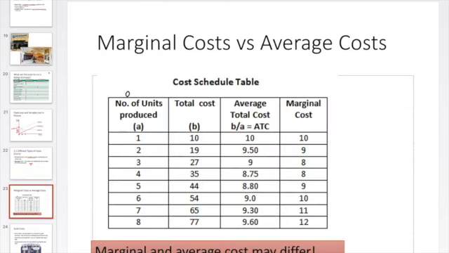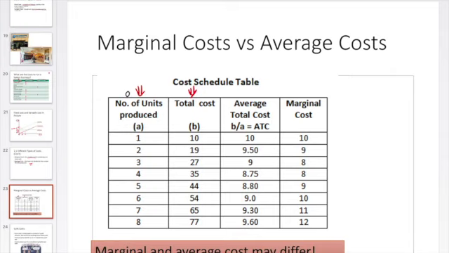So in the table, you have the number of units produced. Well, in your company, you produce maybe 1 item, 2 items, 3 items, 4 items, and so on. You just record the number of units you produced, and at the same time, you also record the total cost for producing those products.